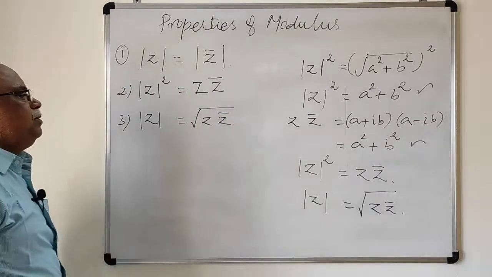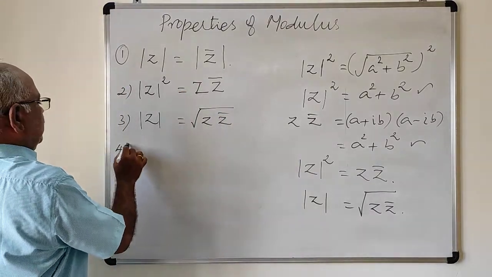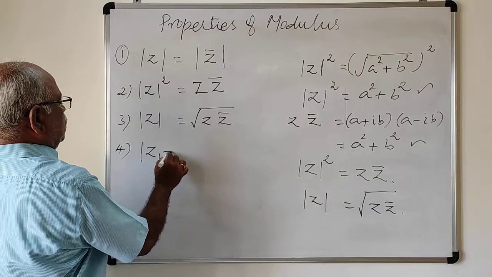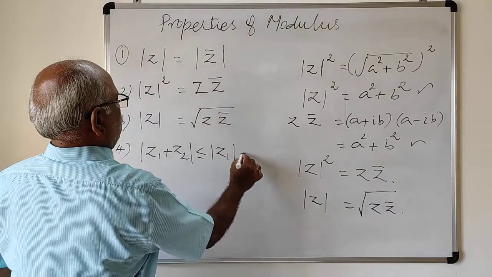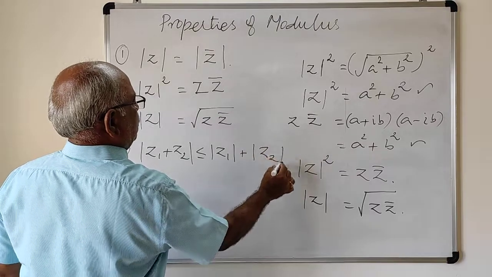These are properties. And the fourth one is mod of z1 plus z2 is less than or equal to mod of z1 plus modulus of z2.